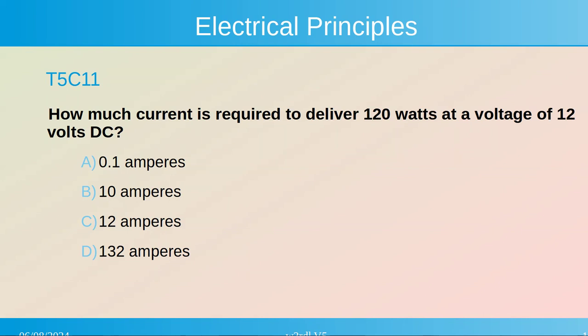P divided by E, E is going to be 12, P is 120. No, 120 watts divided by 12 volts. 120 divided by 12 will give you, well, that'd be 12 amps.